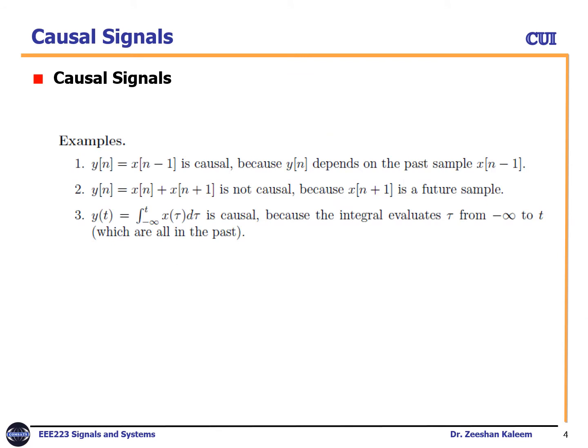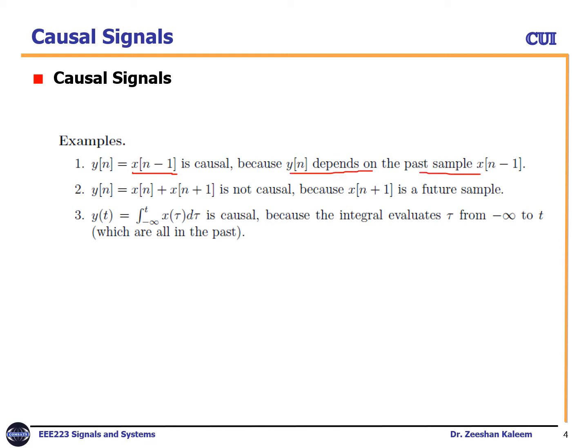So let's look at examples of these signals. For example, if you have an input signal x[n-1], which is a delayed signal, it means that it is shifted towards the right. So the output y[n] = x[n-1] is causal, because here y[n] depends on the past sample only.